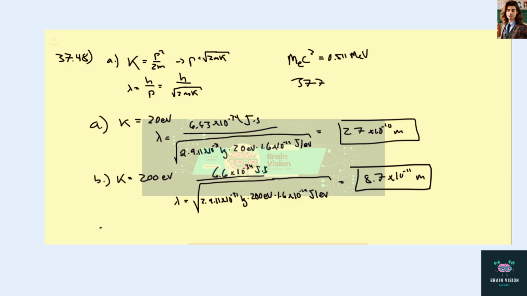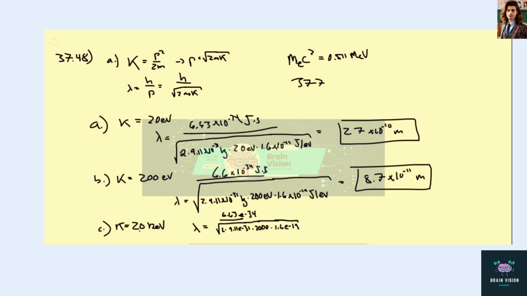Okay. And one more energy to do, and this one is a kinetic energy of 2.0 kilo electron volts, or 2,000 electron volts. Again, this is going to be the same thing: 6.63 e to the negative 34, we have 2 times 9.11 e to the negative 31 times 2,000 eV, and convert back to joules, 1.6 e negative 19.